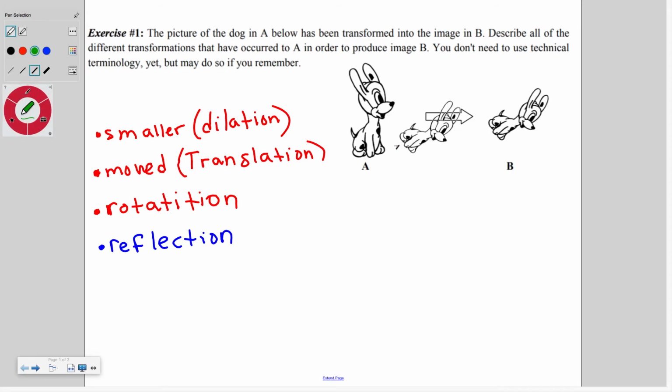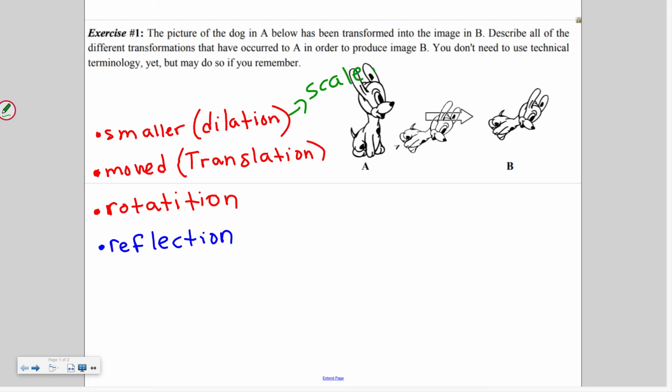This has something called a scale factor. Scale factor tells me how much bigger or smaller I'm getting. It's a multiplicative quantity. It's a number that tells me how much bigger or how much smaller I should get.